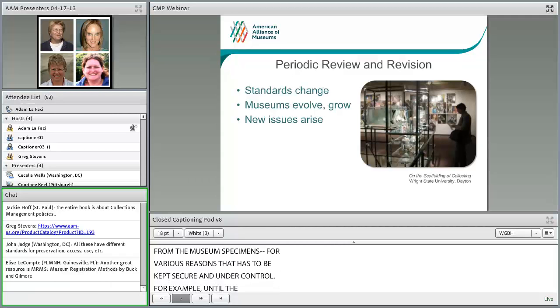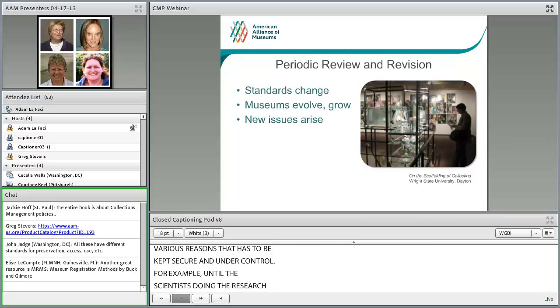So again, it's not that we don't want to share the information. It's just that there's a time at which that becomes what you need to do. So that's why we have to control the use of the information before it's ready to become public.